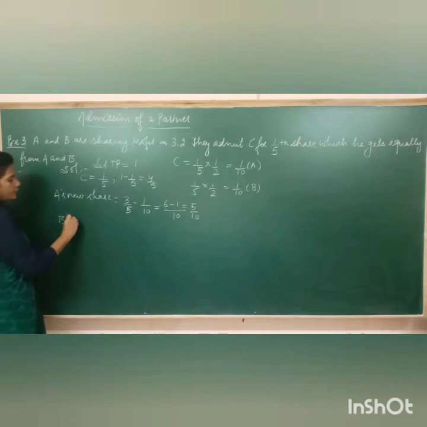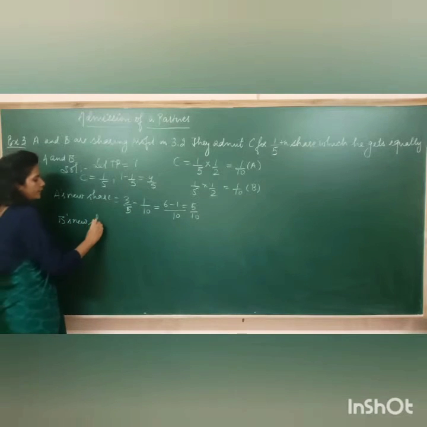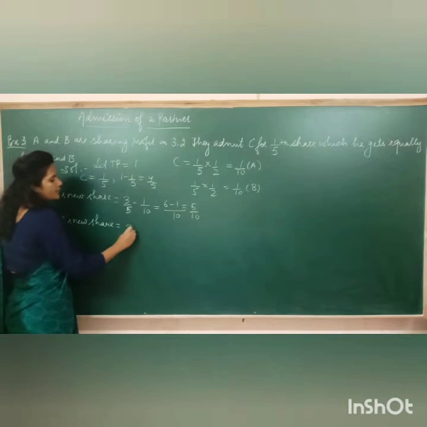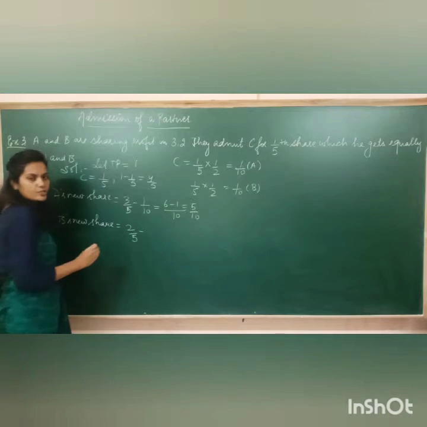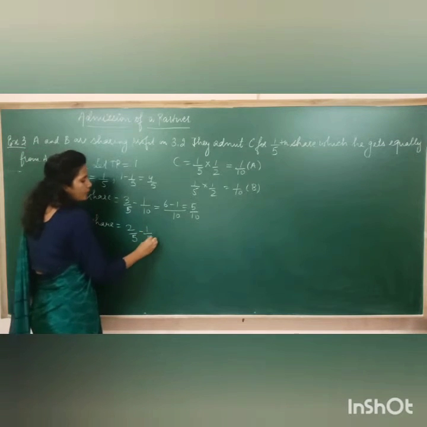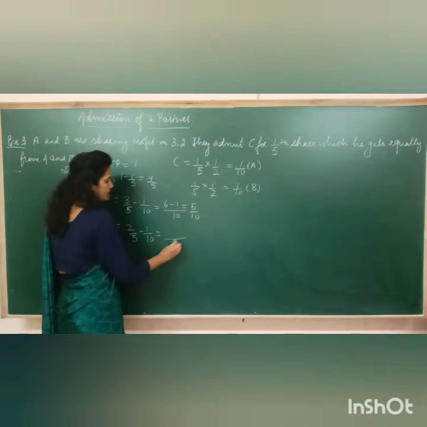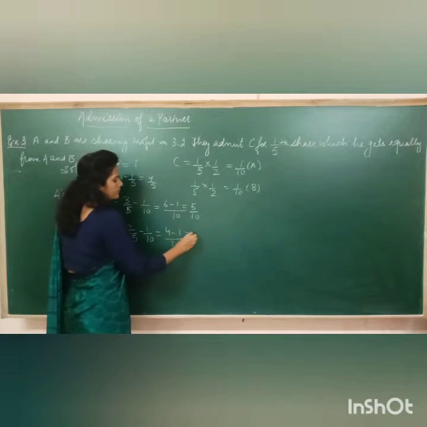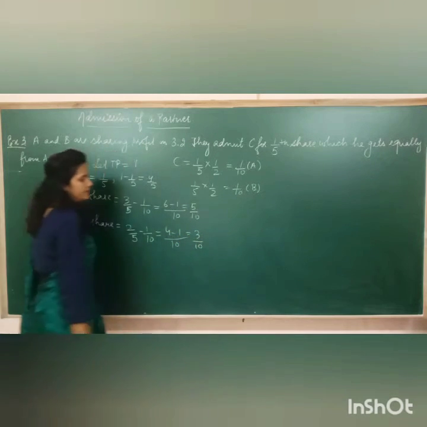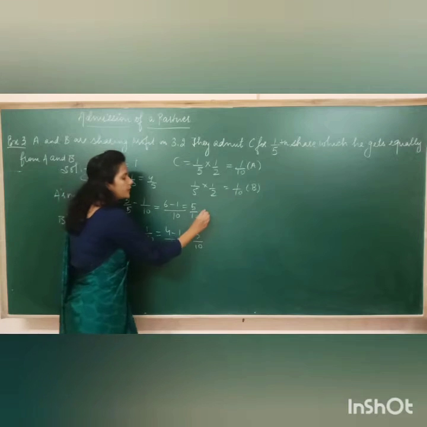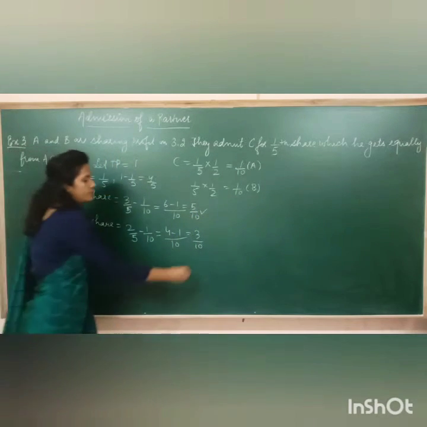Similarly, for B's new share, B's old share is 2/5. B is also giving 1/10. So it means 3/10 is left. So this is the leftover and new share of A, and the leftover and new share of B.